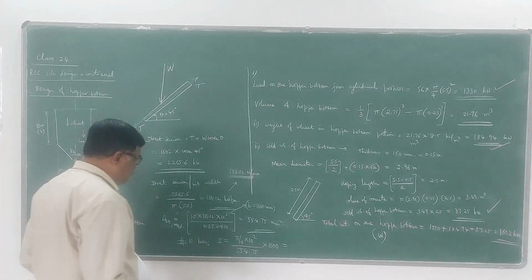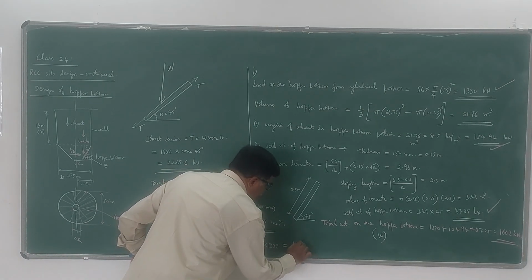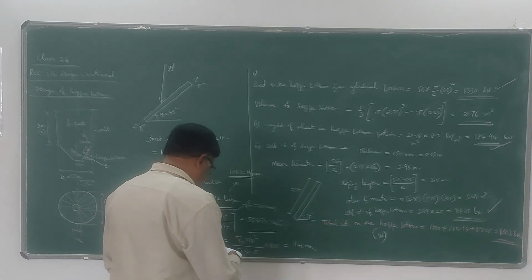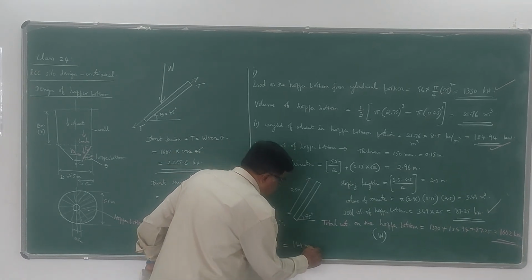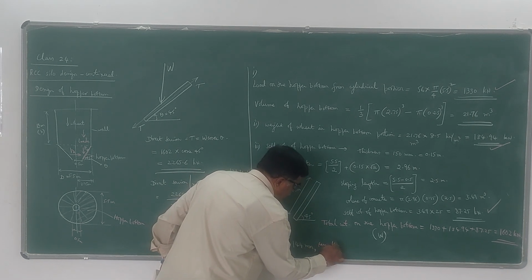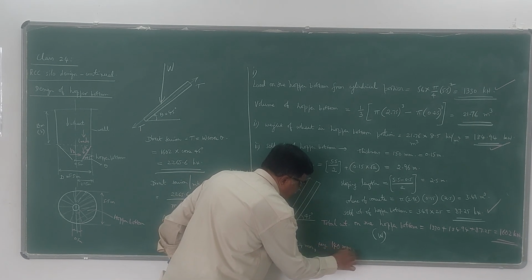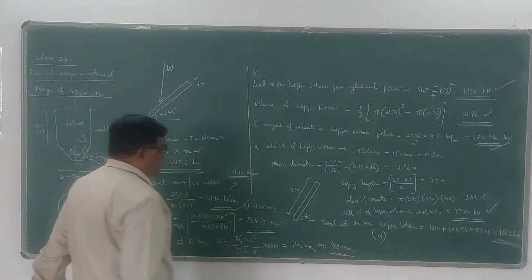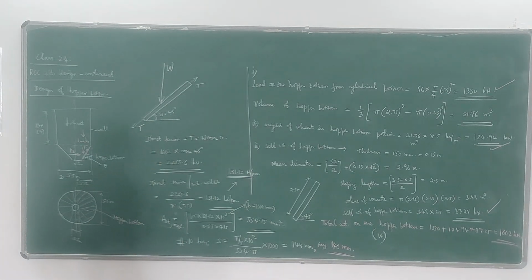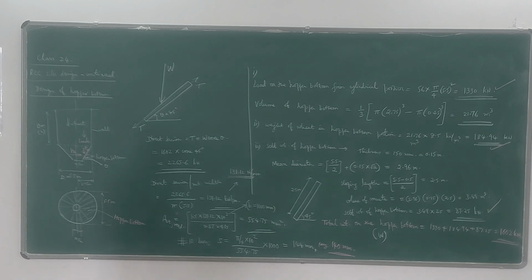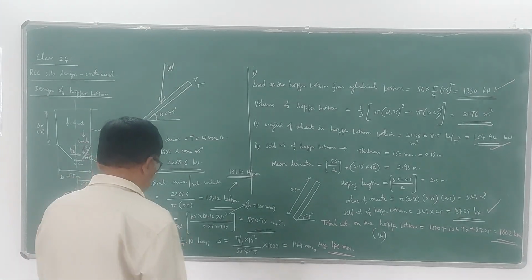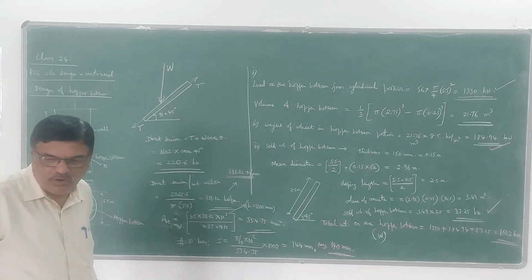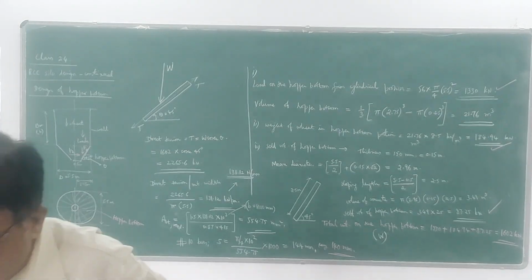So it comes up to 144 mm, so we can provide 140 mm. So 10 mm diameter bars, center to center 140 mm, is provided to resist that direct tension in the hopper bottom. That is the reinforcement required in the hopper bottom.